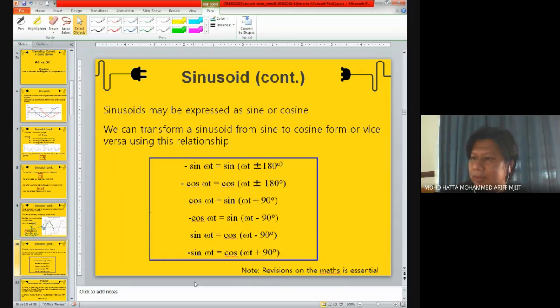You need to remember all this, but I believe you don't have any problem, because the exam will be in online mode, so you have the opportunity to look at the trigonometry relationships. However, you still need to revise how to use these relationships.